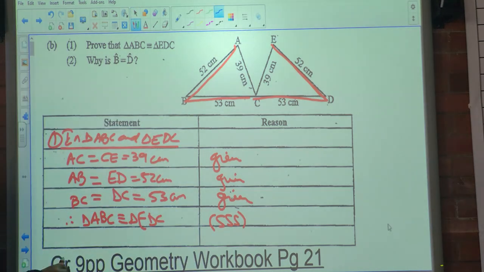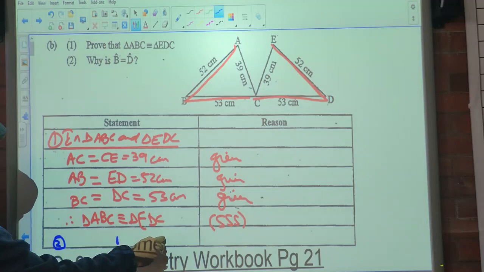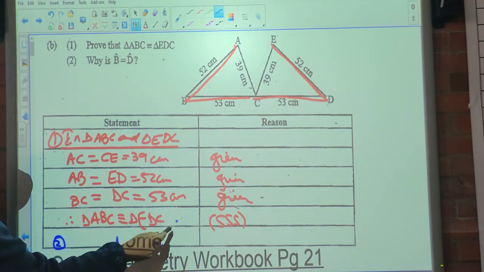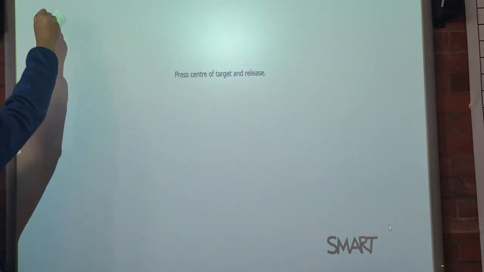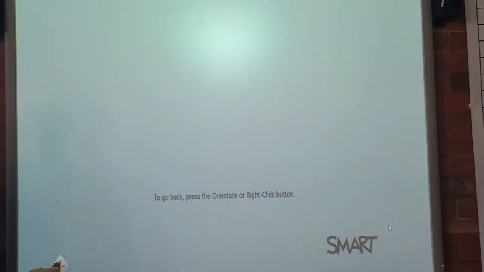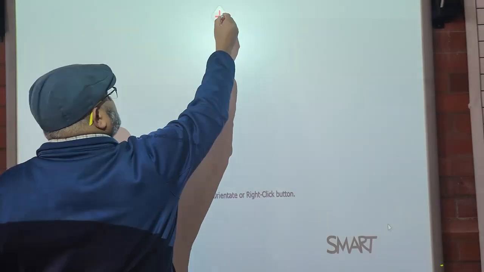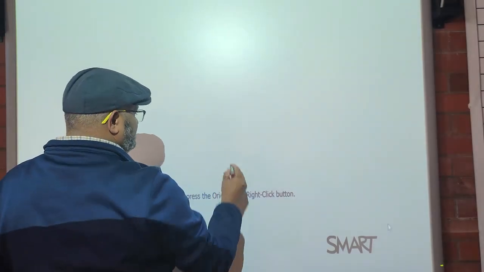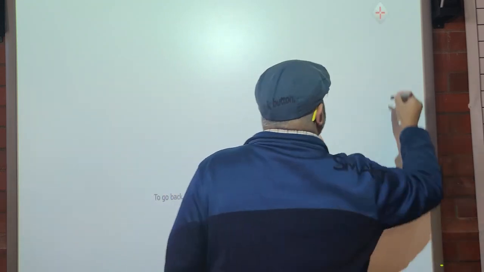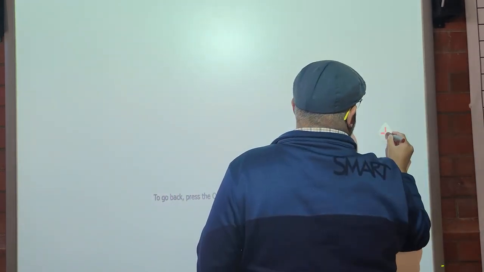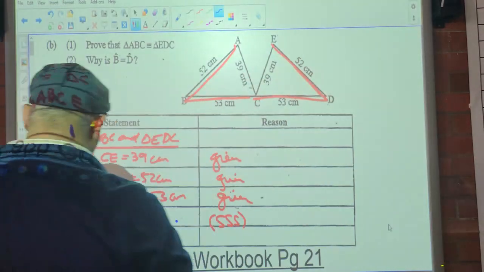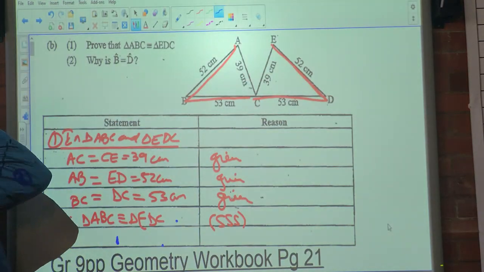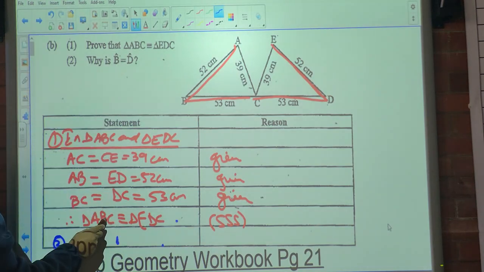What can we say now in number 2? The question is, why is angle B equal to angle D?